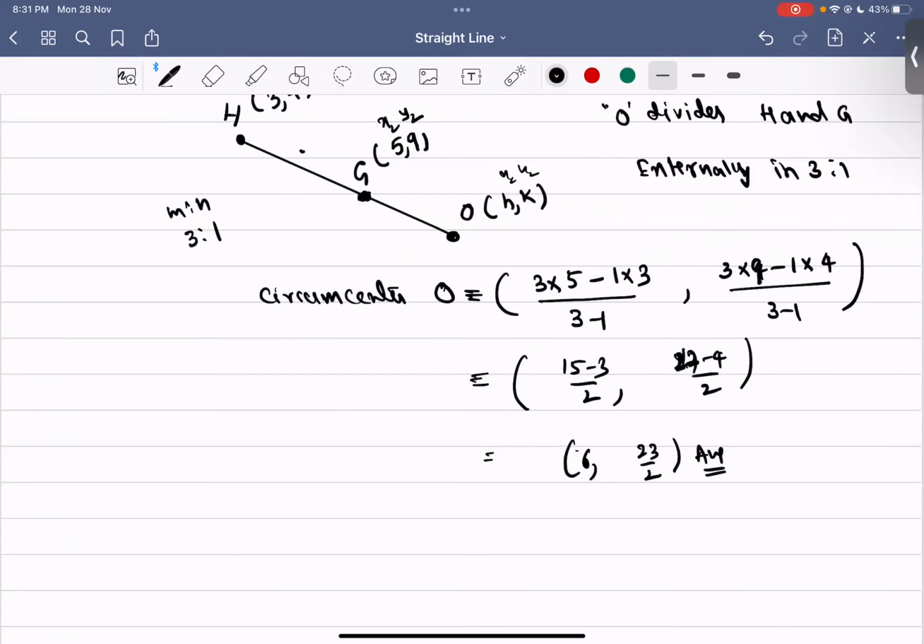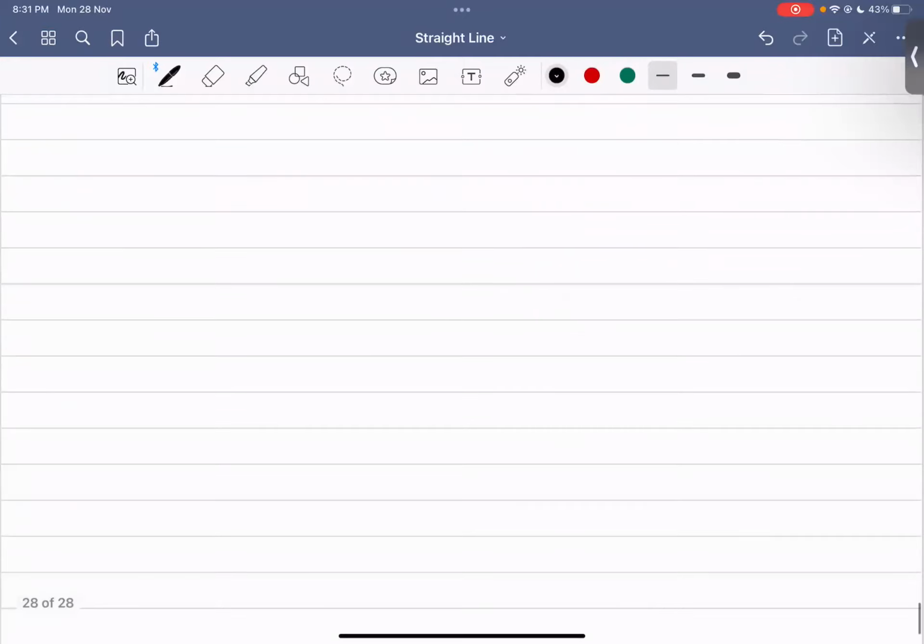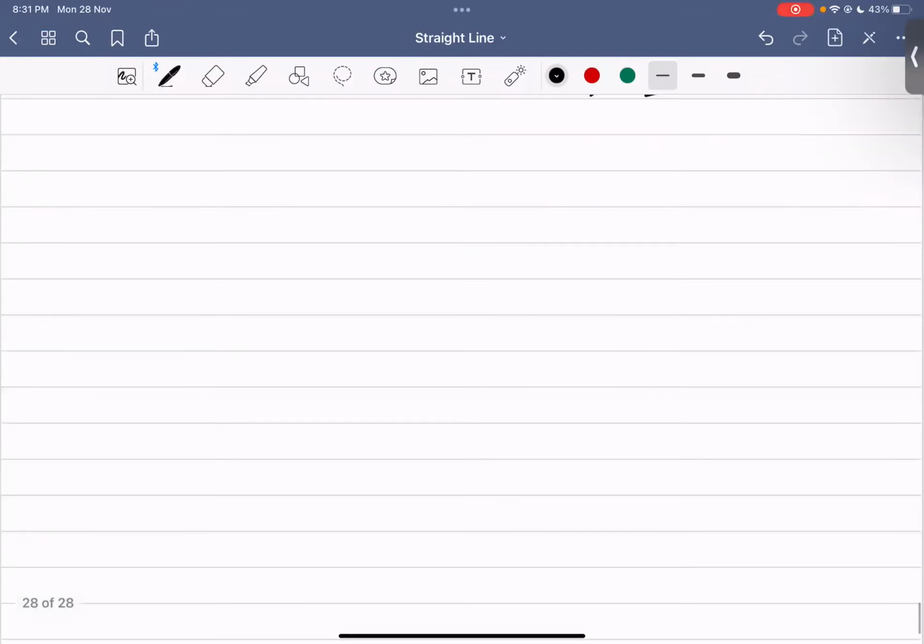Next concept is area of a triangle. Area of triangle.